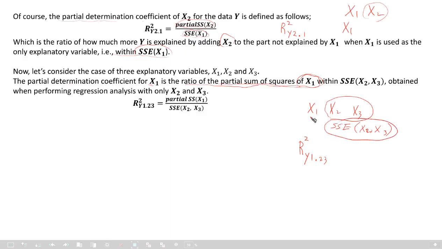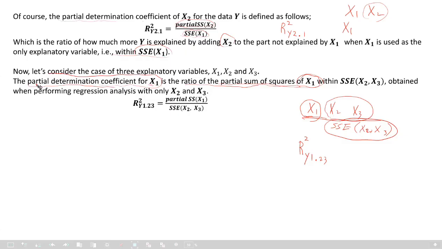Okay? So, and finally, you add x1 in the model, finally x1, x2, x3, all three explanatory variables in the model, then there is partial sum of square of x1, right? So what is the proportion, the ratio? Partial sum of square of x1 to residual sum of square of x2 and x3, that we call the partial determination coefficient for x1.